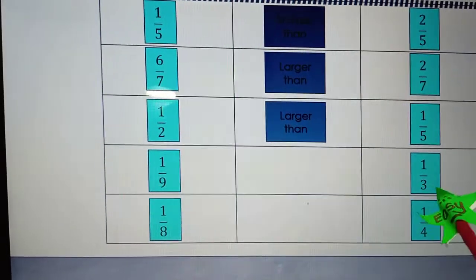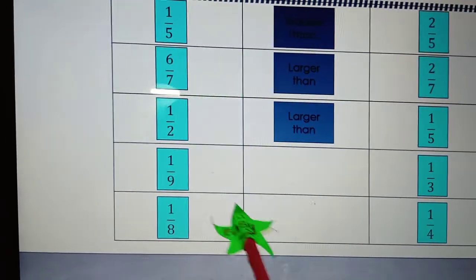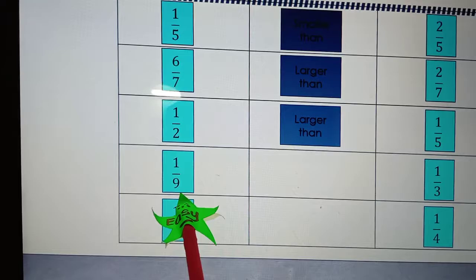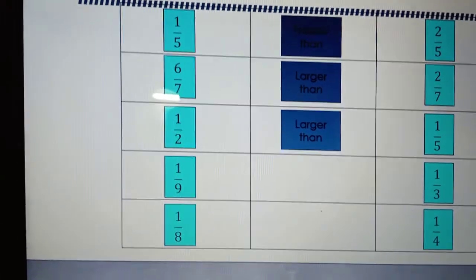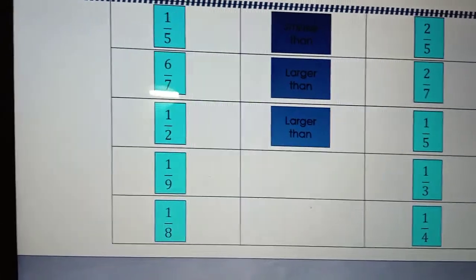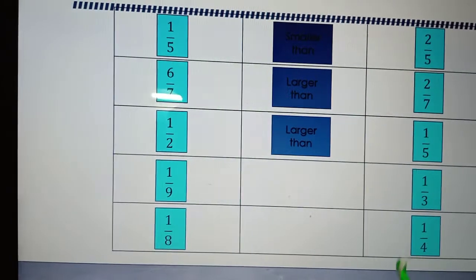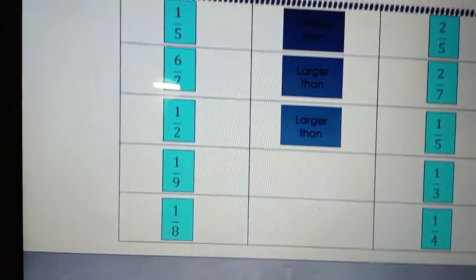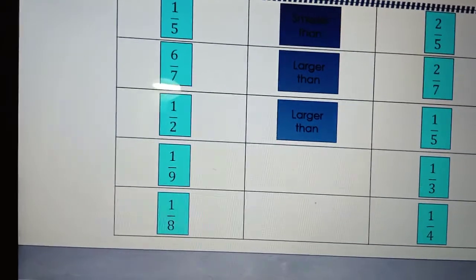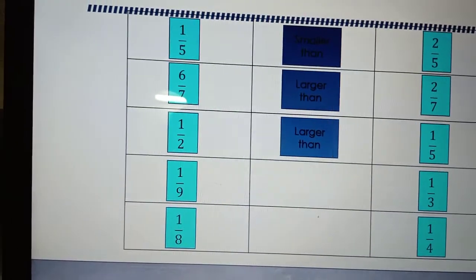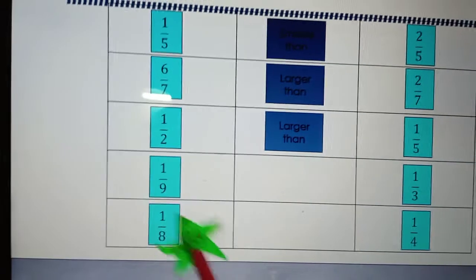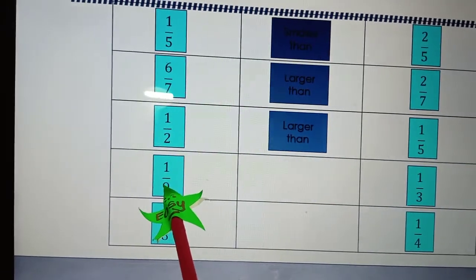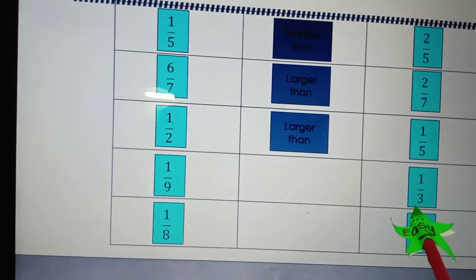So this one also has a different denominator. This one, we take the pizza and cut into 9 pieces. Imagine. One pizza, we cut into 9 pieces. This one, we take another new pizza, we only cut into 3 pieces. So you imagine whether this one will be smaller or larger than this one.